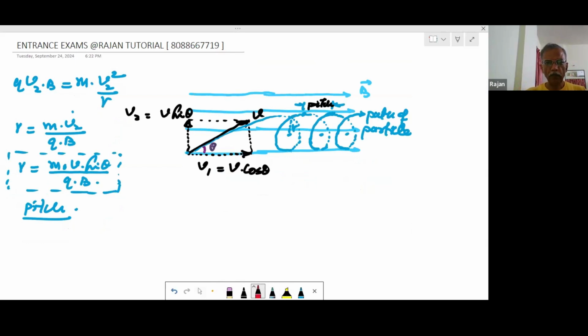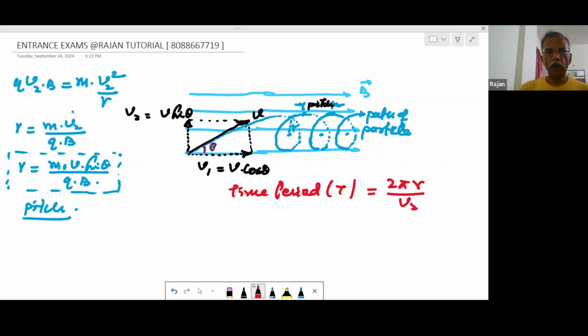To get the time period, that is your capital T, right? It should be distance by velocity. We have seen distance is the circumference, so this is 2 pi r, and the velocity responsible for this circular path is v2, always remember. So r, just now we got it, say this is your equation number 1.